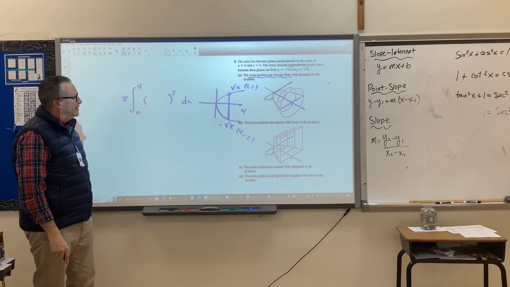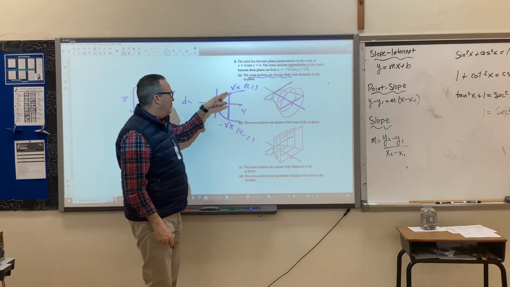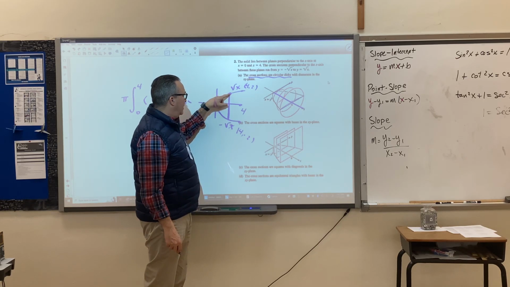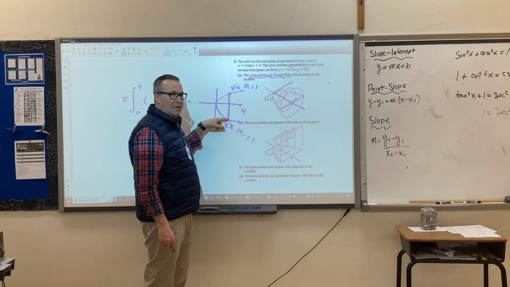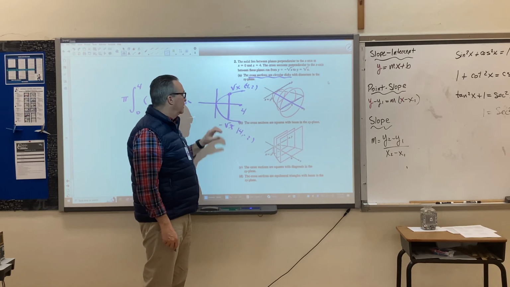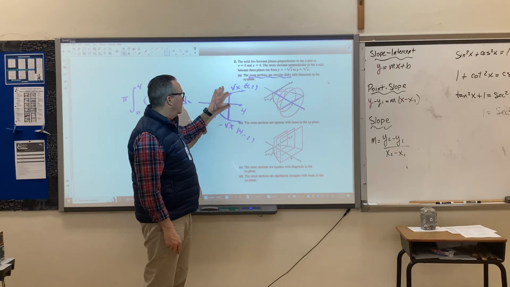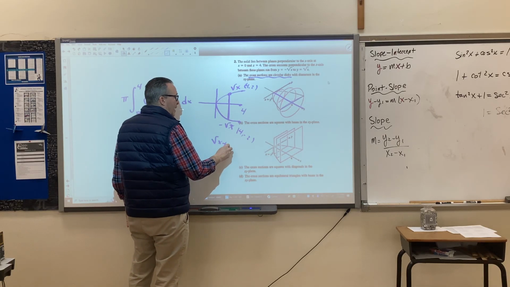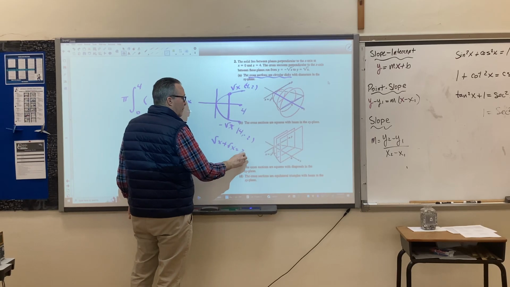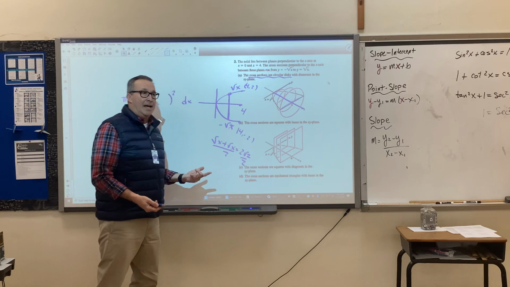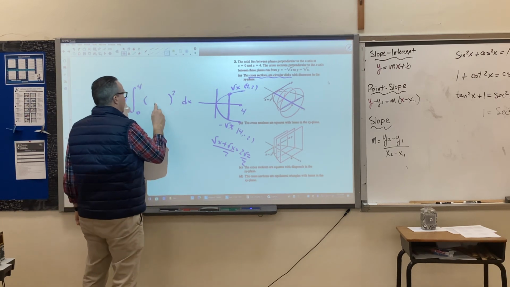However, if the diameter runs from square root of x to negative square root of x, where's the radius? Square root of x. That's the radius. It's like the top function minus the bottom function, but you have to divide it by 2 because the radius is half the diameter. And you get the square root of x.